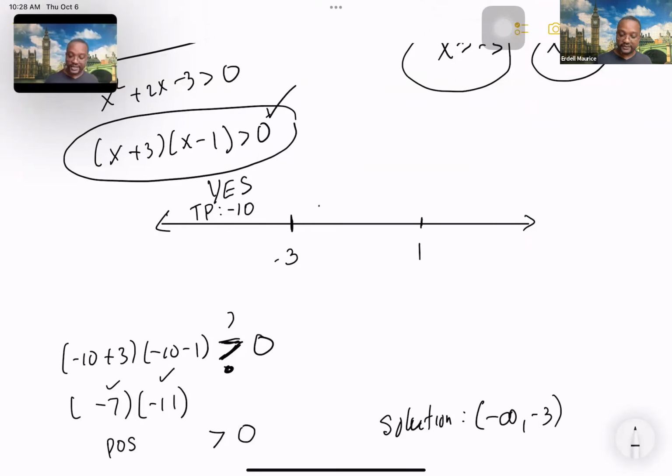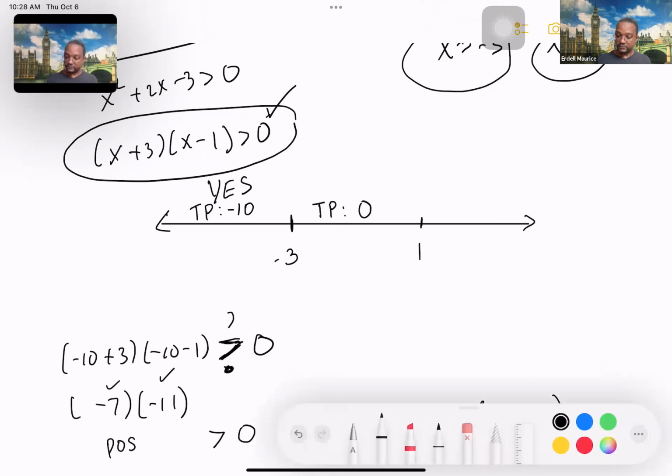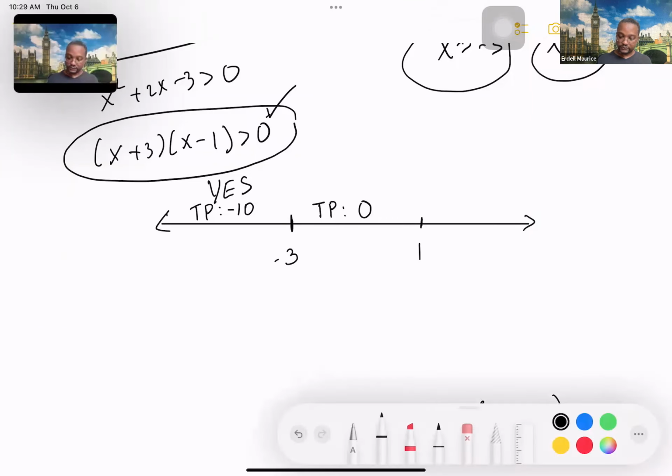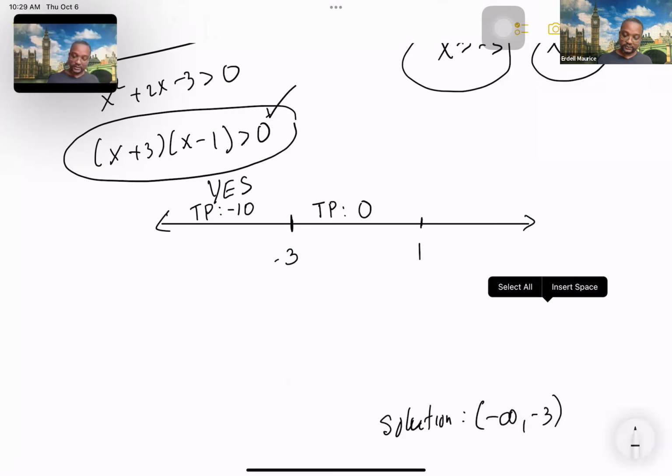Now I have to try again, but for a number that's between negative 3 and 1. I'm going to use 0. That's a nice number. So let me check the inequality again. Plug in 0. So that's going to be 0 plus 3 times 0 minus 1.